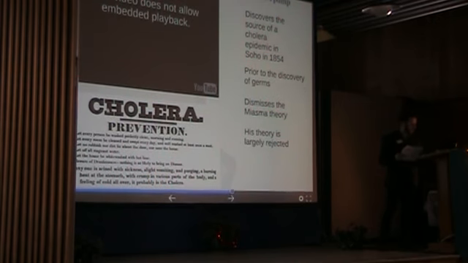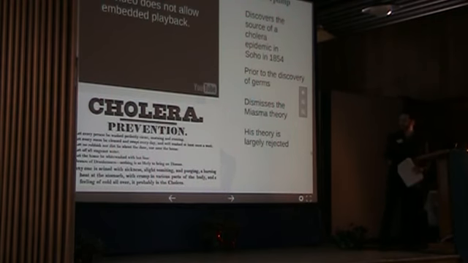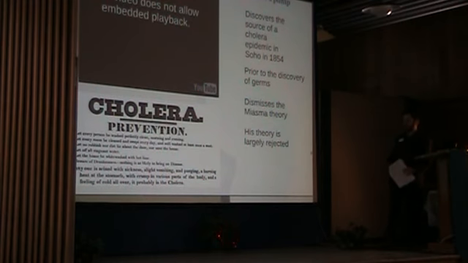So you see here, this is one of the first public signs telling about how to prevent cholera. It's very interesting. You have to, of course, be washed, because being dirty actually propagates miasma. Every room has to be cleaned and swept, washed.